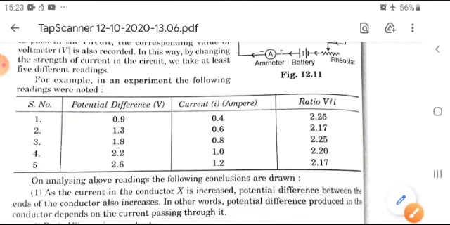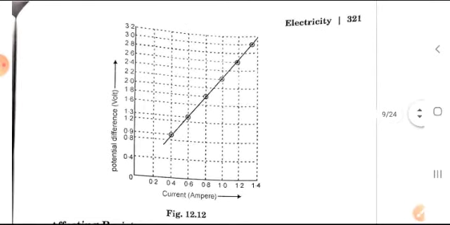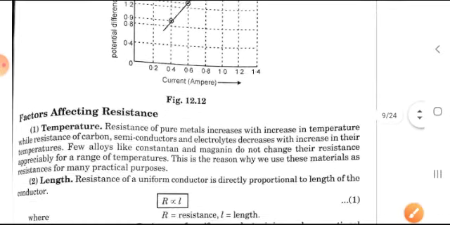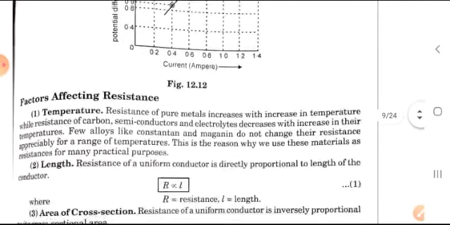So we can say that the graph between potential difference V and current I is a straight line. So this follows Ohm's law, because the V upon I ratio is constant, so it obeys Ohm's law, and this is the basic feature of Ohm's law. The graph should be a straight line.